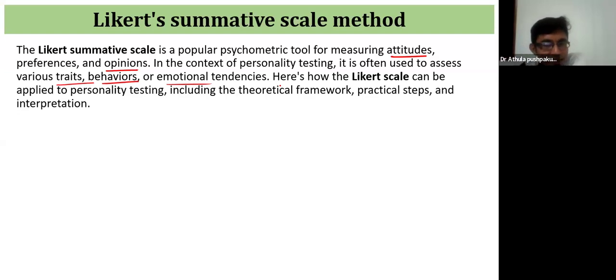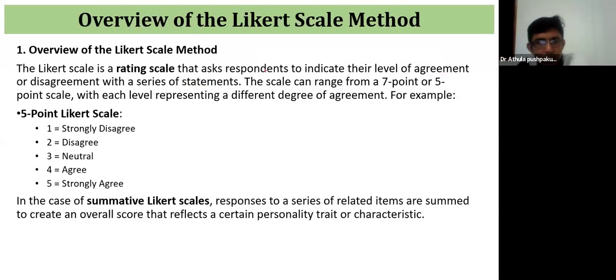When considering Likert scales, the 5-point scale is used most, and also another called the 7-point scale. Especially this Likert scale is used to measure attitude, preference, or opinion. Now, the Likert scale is given like this. Likert scale is a rating scale. Okay, we rate it.